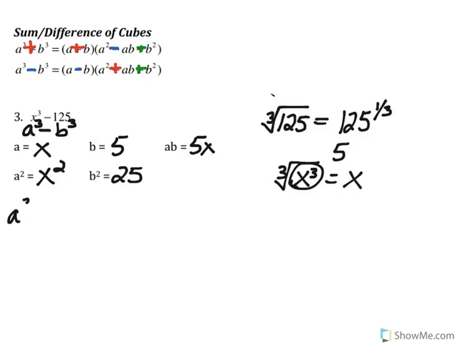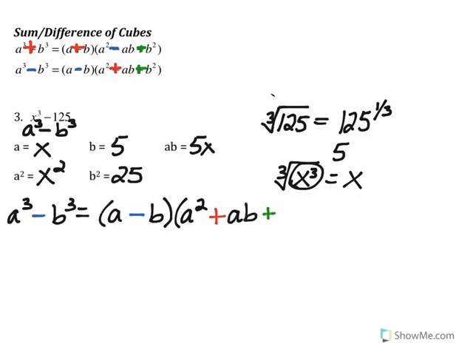I'm going to rewrite the formula down here and just highlight some key pieces of information again about this formula, just to reiterate it. It'll be A minus B. So notice I didn't put a negative sign with any of the B values. I'm just using the subtraction formula, and then it'll be A squared plus AB, and then always plus B squared, no matter which formula that you're using.